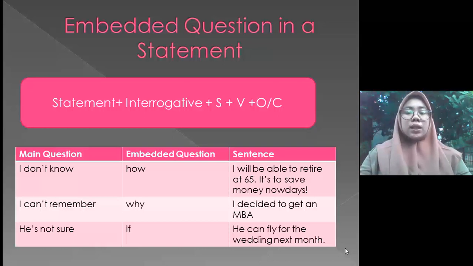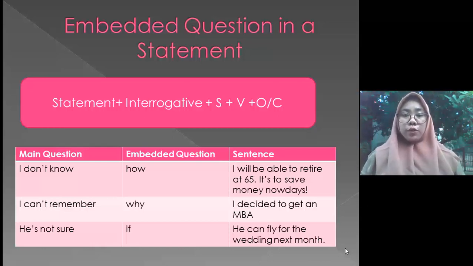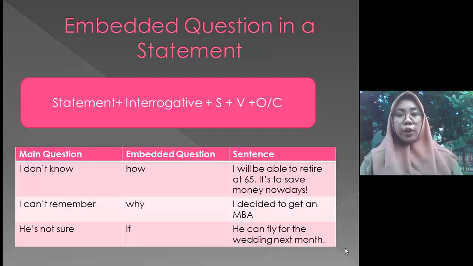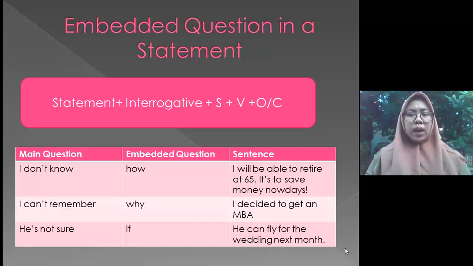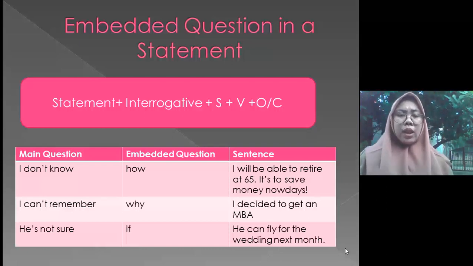So the first part of your sentence must be a statement, and after that the interrogative, and the next one is the normal sentence. For example, I don't know how I will be able to retire at 65. It's safe to save money nowadays. I can't remember why I decided to get an MBA.